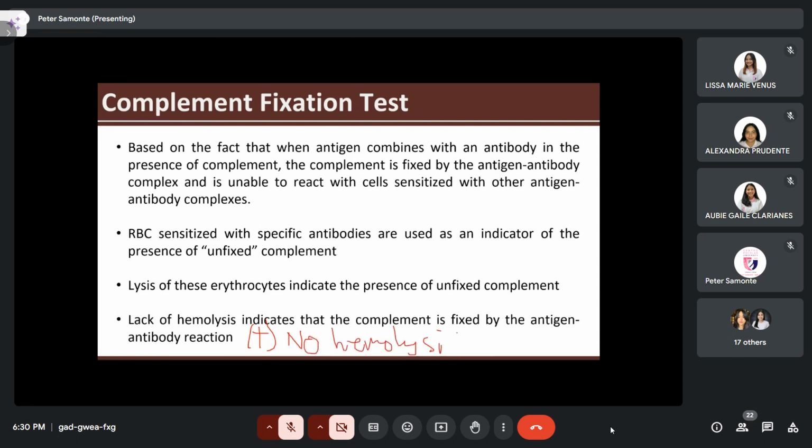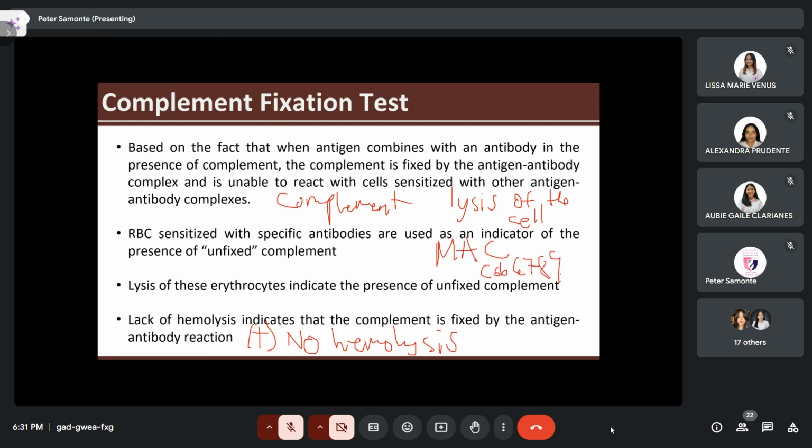You may be wondering, sir, bakit no hemolysis? Remember, ang complement ninyo, for you to be able to identify if the complement is successful, is that there would be the lysis of the cell done by the so-called MAC. Ano yung MAC? MAC refers to the membrane attack complex. Naalala ninyo yung C5b6789.